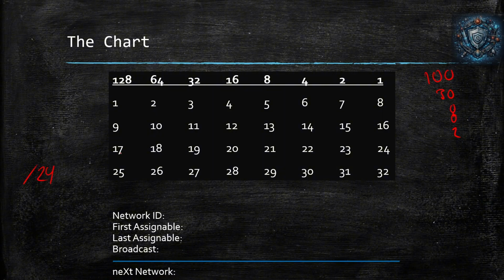If we look at the /25, right down our network here, 10.10.10.0, that would put us at 10.10.10.0 for our network ID.